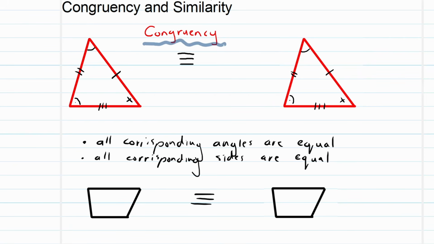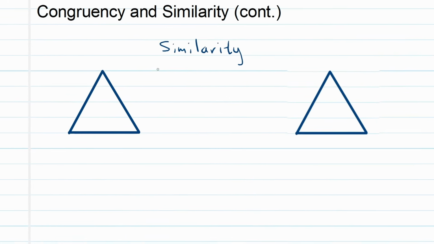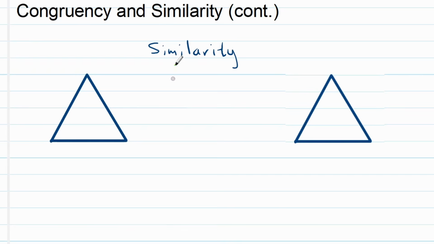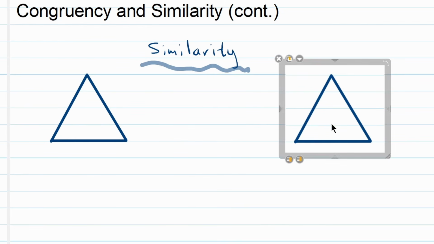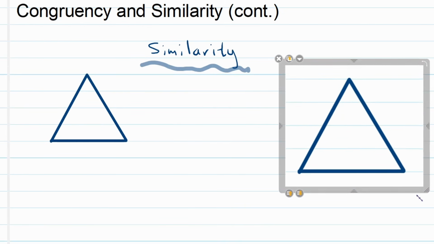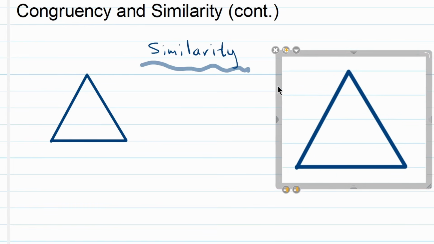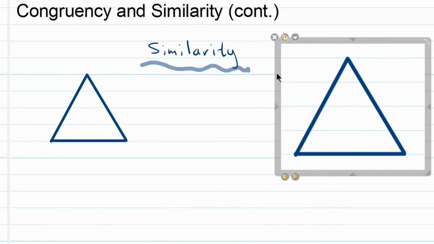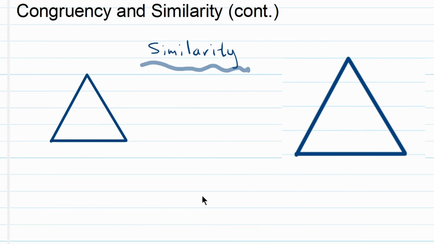Okay, secondly, let's talk about similarity. So similarity is when we've got similar sides. Well, if you look at these two, you can see they're exactly the same. But what if I do the following? I am now changing the size of the triangle on the right hand side.